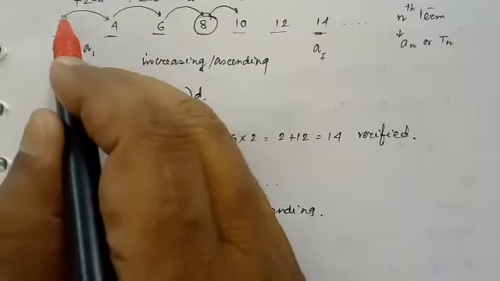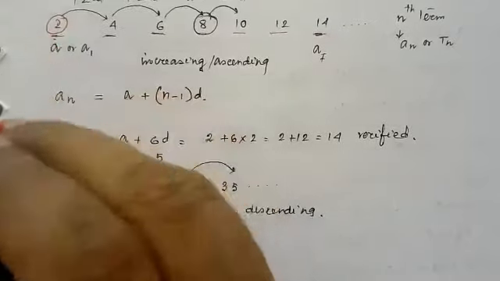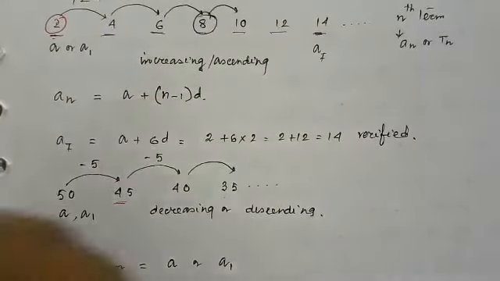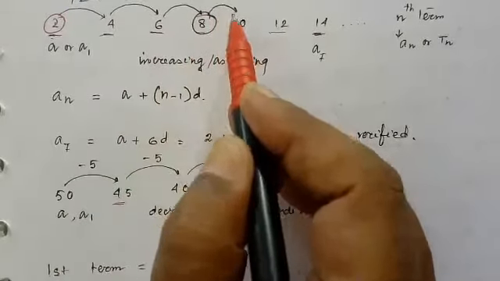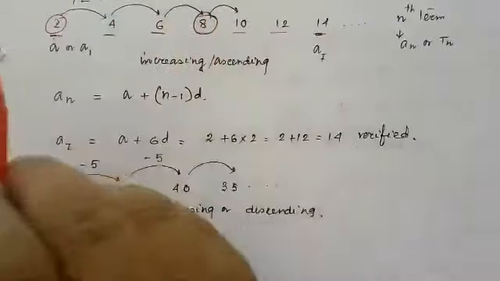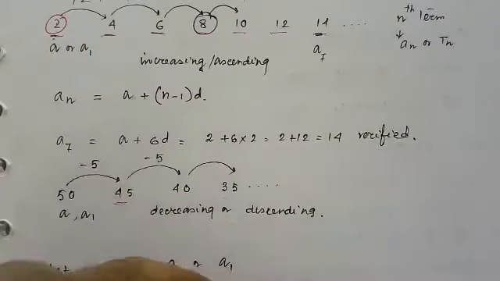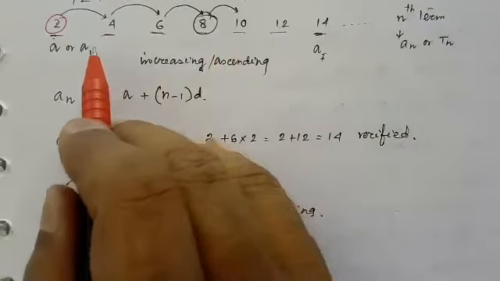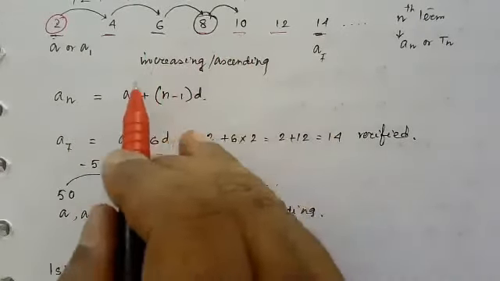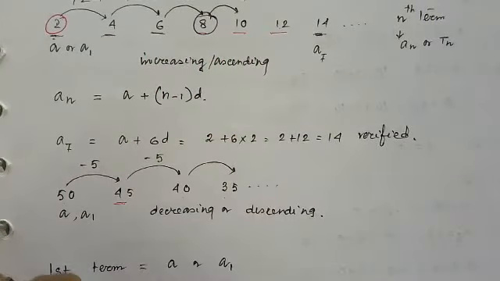The first term is denoted by a or a1, and the constant difference, 2 in this example, is called the common difference and is denoted by small d. It is in increasing or ascending order.